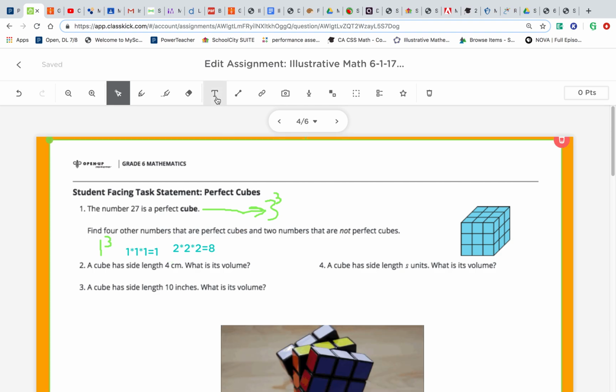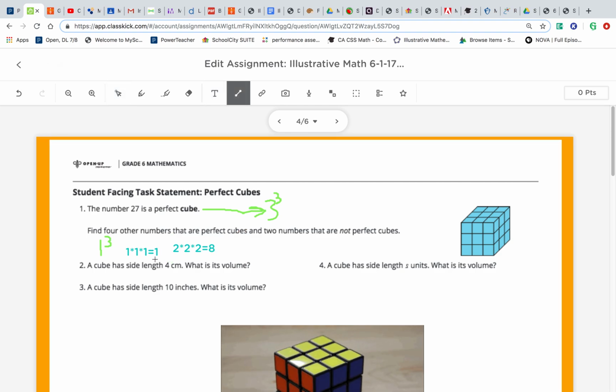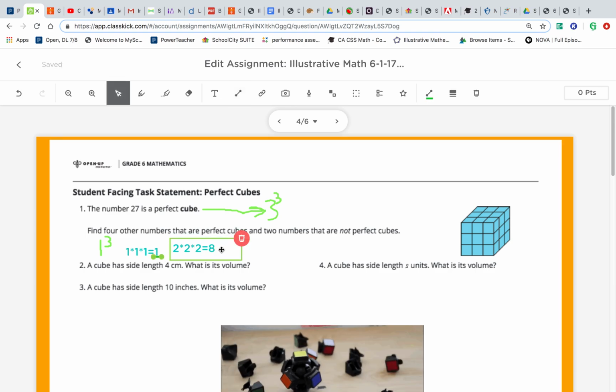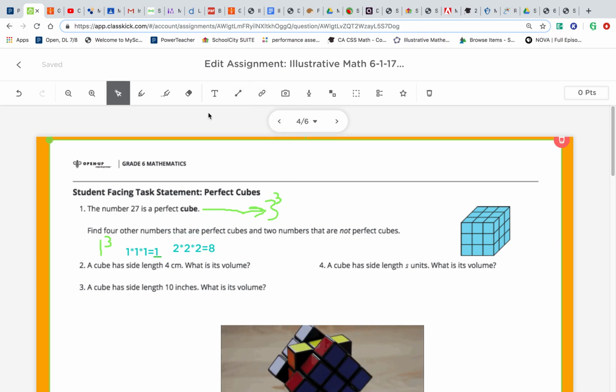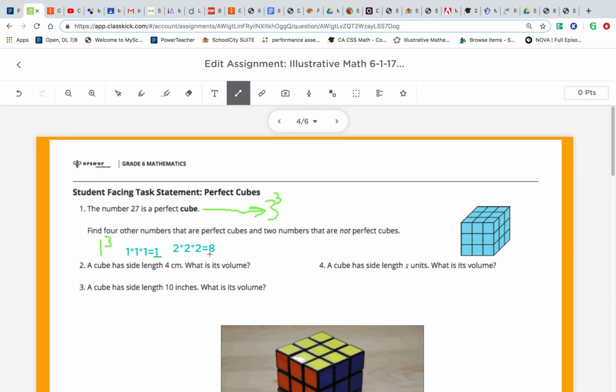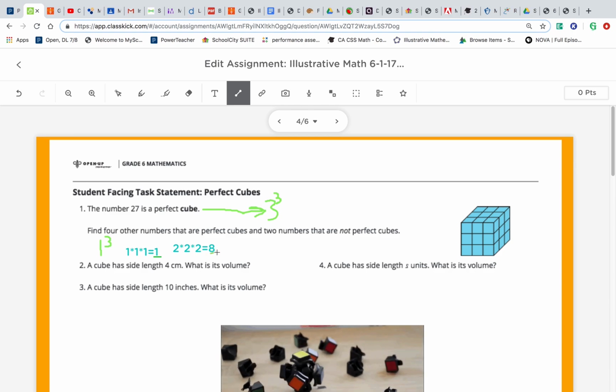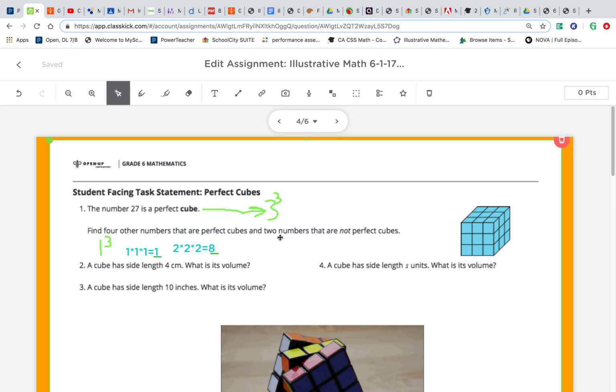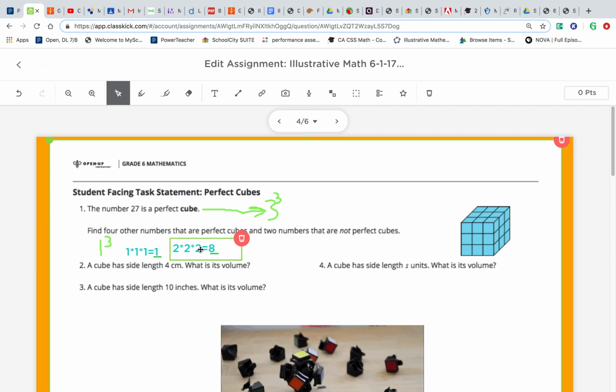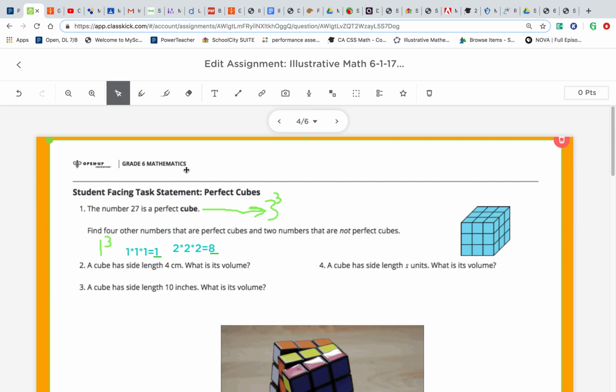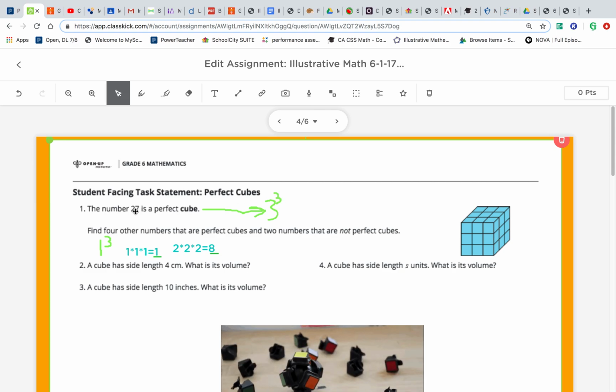So we know that 1 is a perfect cube, and we know also that 8 is a perfect cube. So 1 cubed is 1, 2 cubed is 8, and 3 cubed equals 27, which says it right here.